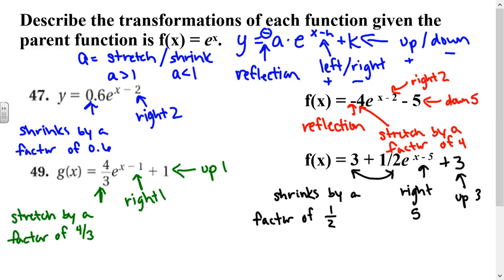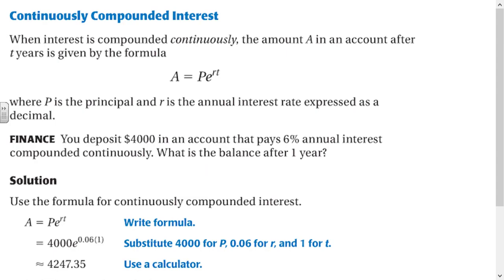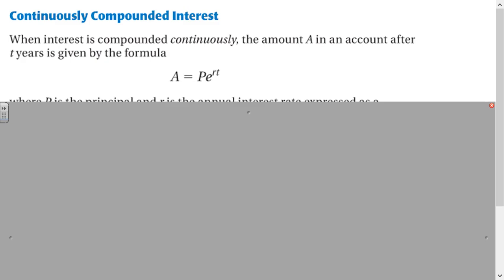All right, one more thing, and then we're finished. So we have continuously compounded interest. Now, we talked about compounded interest before, and that had a different equation. But when interest is compounded continuously instead of a certain number of times per year, you're going to use this formula, which we like to call the PERT formula, which is P times e to the rt power.